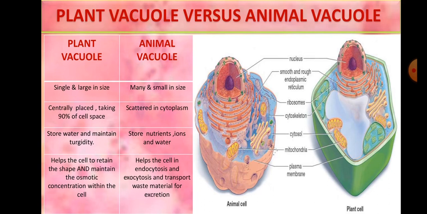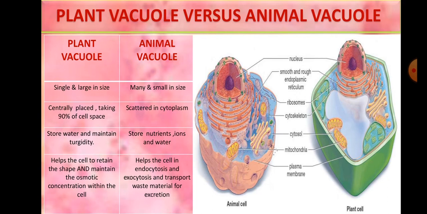It is present in the center. That is why the nucleus is in the periphery. All of the cell organelles and the nucleus are pushed to the side, and about 90% of the cell space is taken in the center by this one single large vacuole. And in case of animal vacuoles, because they are tiny, they are simply scattered in the cytoplasm.